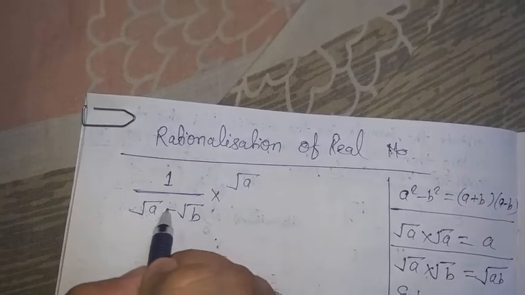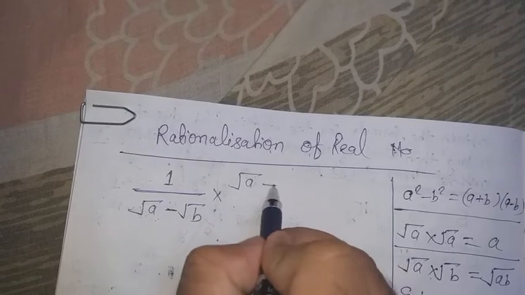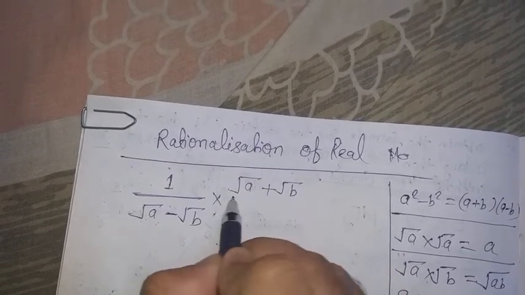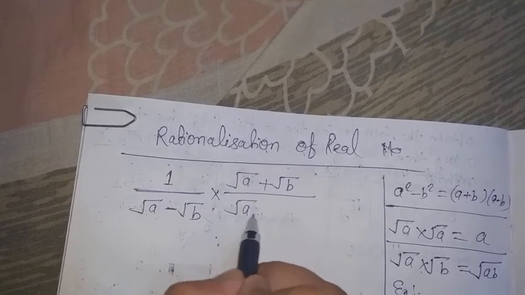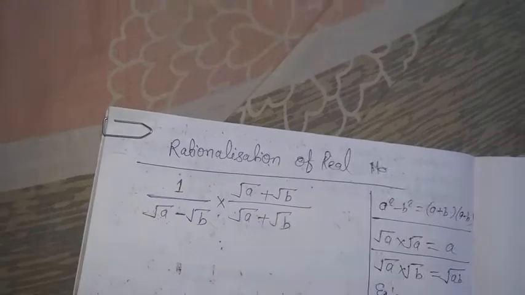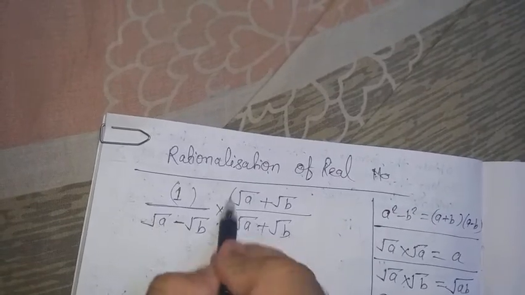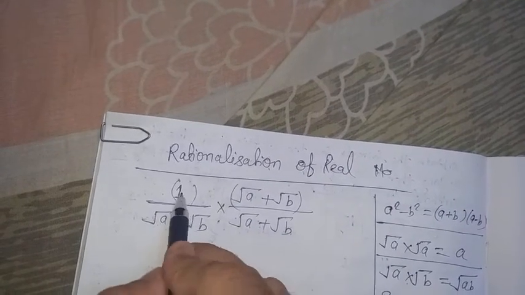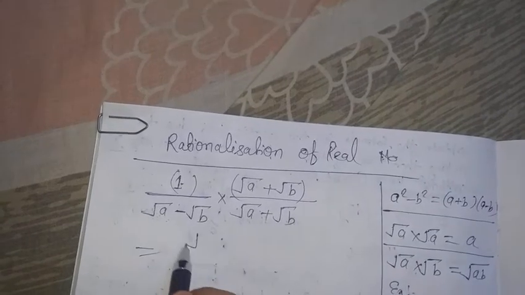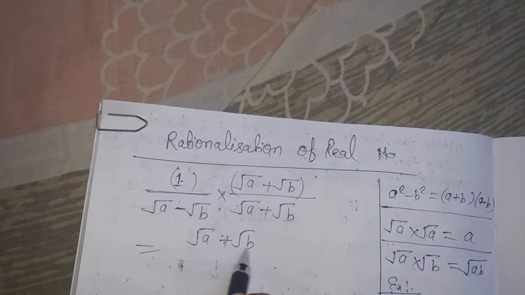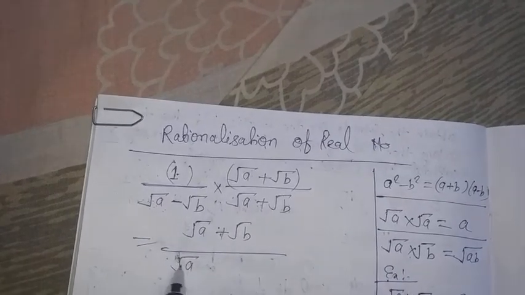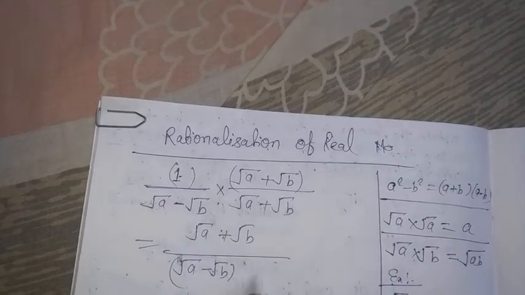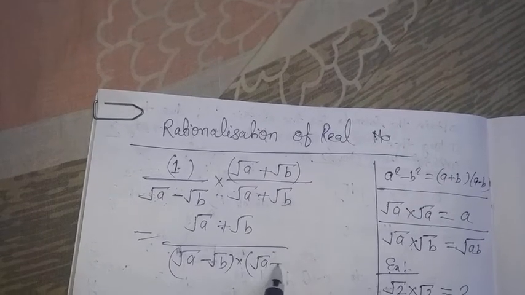Here a minus sign is there, so we will multiply the numerator and denominator by root a plus root b. Now multiply these two. If we multiply 1 into this, the numerator becomes root a plus root b upon root a minus root b into root a plus root b.